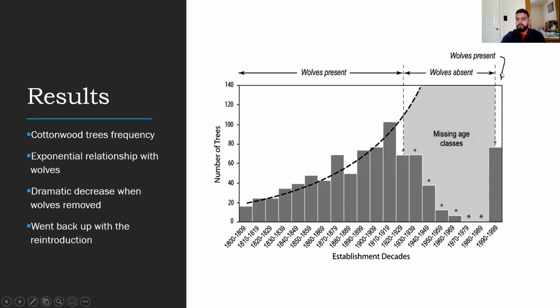And then when wolves were reintroduced, the population went right back up to the normal levels. And like I mentioned, the x-axis right here represents the establishment decades and the years in which wolves were present or absent. And then on the y-axis, you have the number of trees.